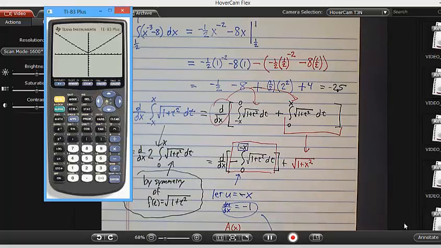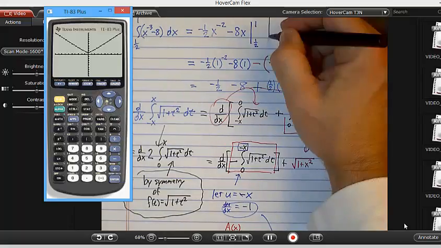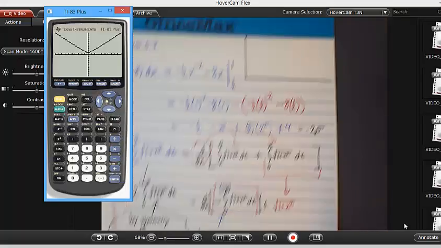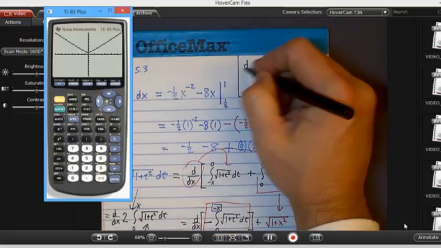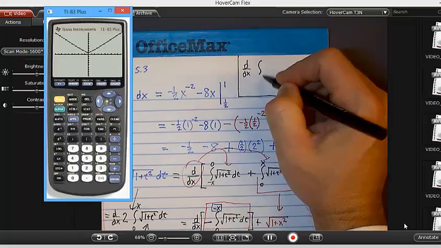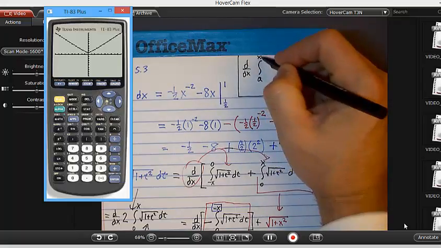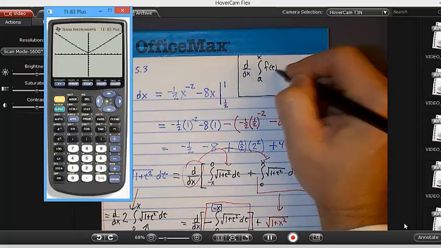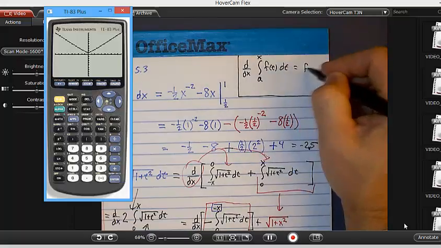The reason I split them is because for the fundamental theorem part 1 to work, what does the fundamental theorem say? It says that you know how to find the derivative of an area function that looks like this, the integral from a to x of f of t dt. It says that this will be f of x.